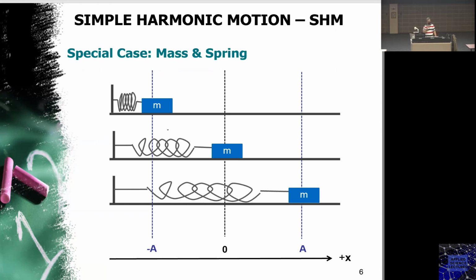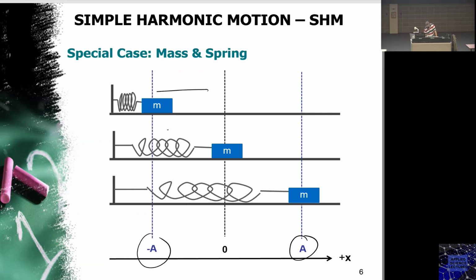If we look at the equilibrium as the 0 reference for the x-axis, then I have an amplitude to the right that is positive and an amplitude to the left that is negative, where the velocity right at those 2 points equals 0, because that's the point where the mass comes to a stop and then flips the motion.